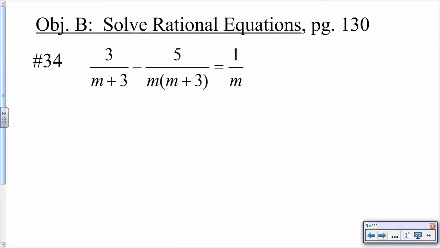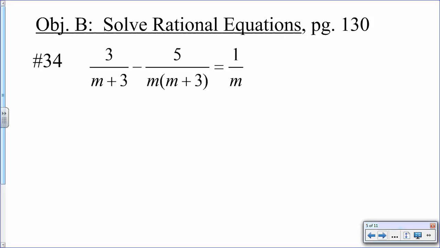Talk about solving rational equations. So this time with rational equations, when you have variables in the denominator, they're not polynomials, so they don't have a degree.